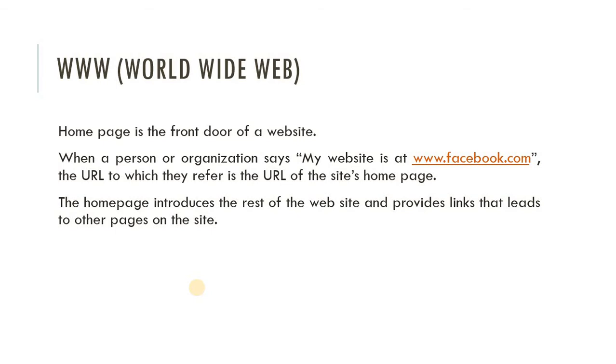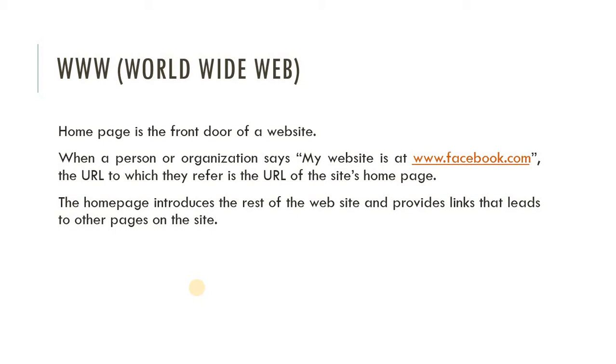When a person or organization says my website is at www.facebook.com, the URL they refer to is the URL of the site's home page. So if I open a new website at any time, the page shown in your browser is the home page. I know you are all aware of this content, so I am quickly revising these things.